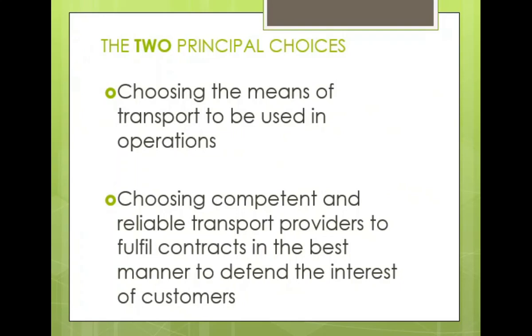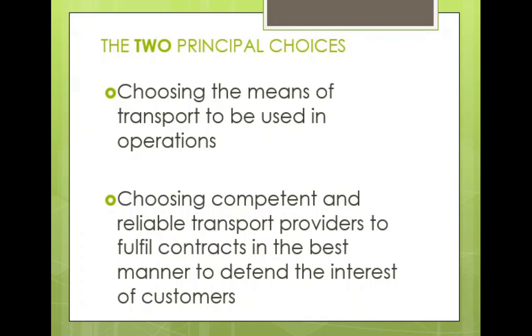Now, the two principal choices at this stage that the forwarder would face are choosing the means of transport to be used in the operations, and then choosing competent and reliable transport providers to fulfill the contract in the best manner to defend the interests of customers.